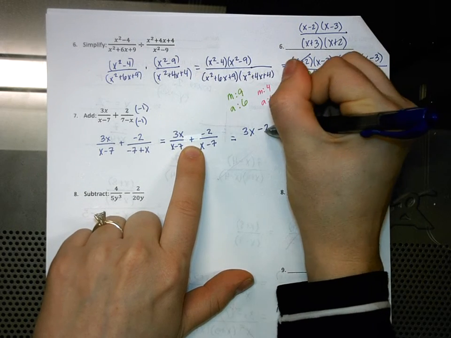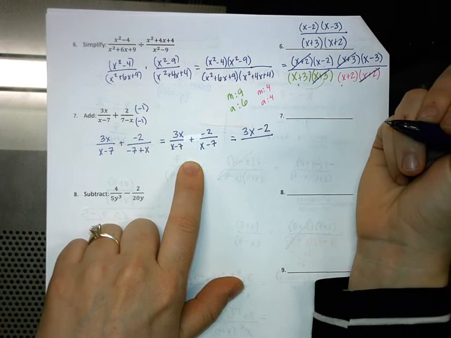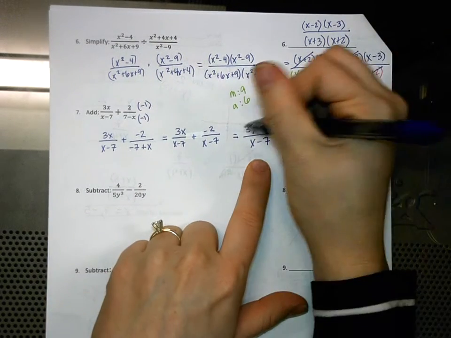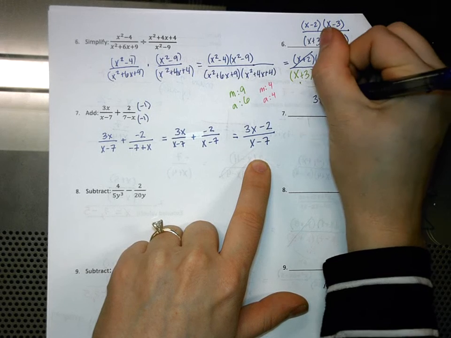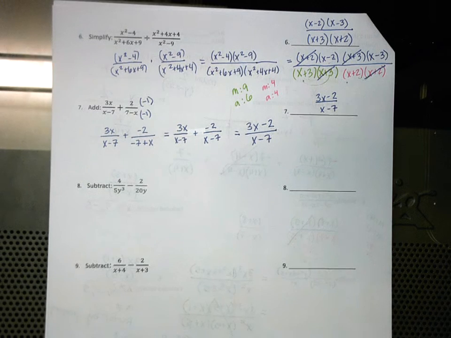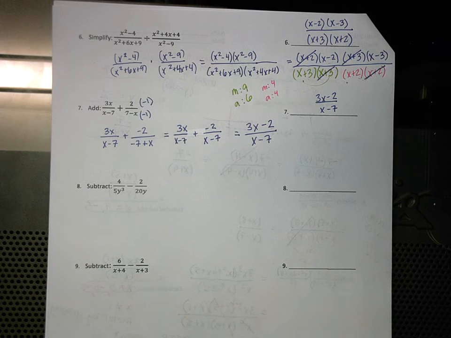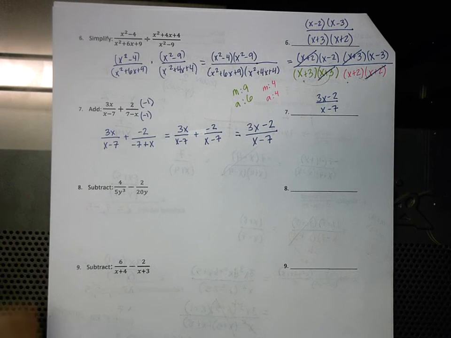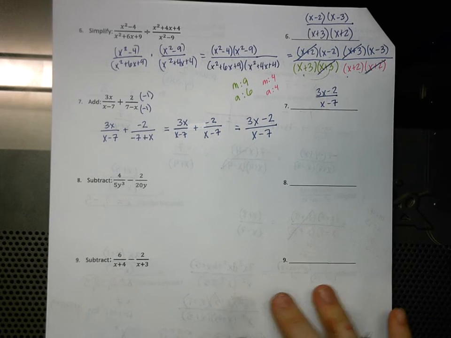Minus 2 over x minus 7. Whenever you get common denominators, you want to keep that common denominator in your answer. Don't try to subtract or add the x's together and add the 7's together. All right. If you need to stop me at any moment, just let me know what questions you have.